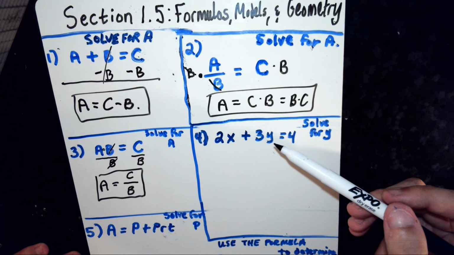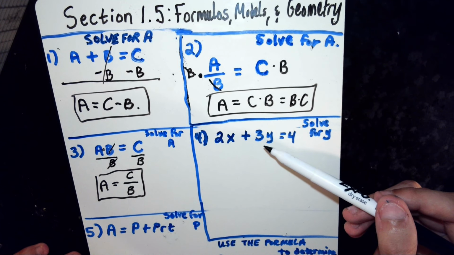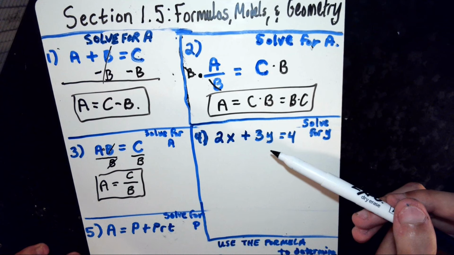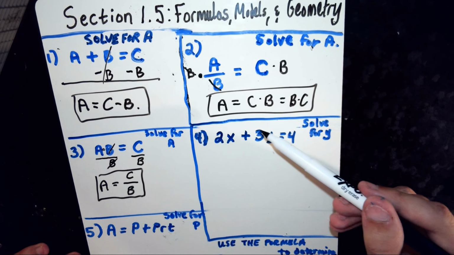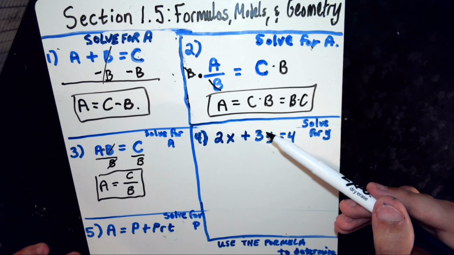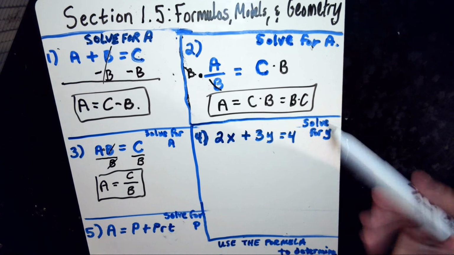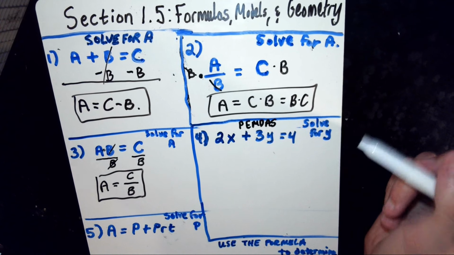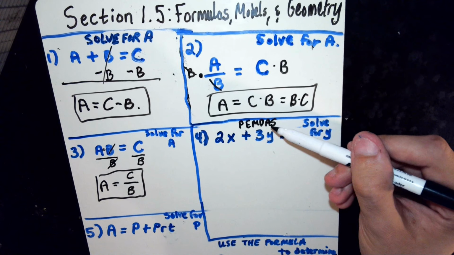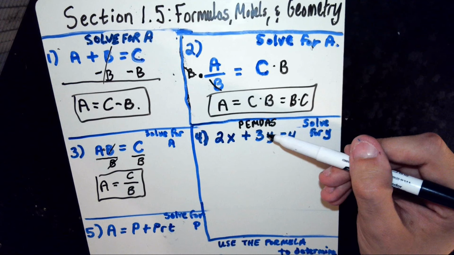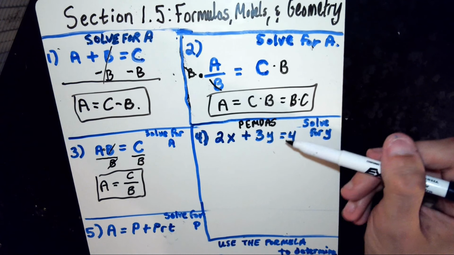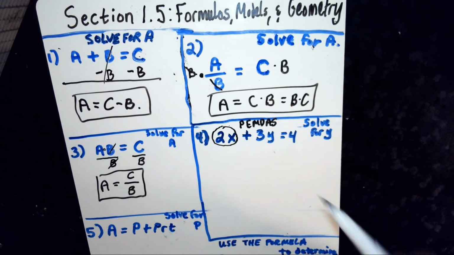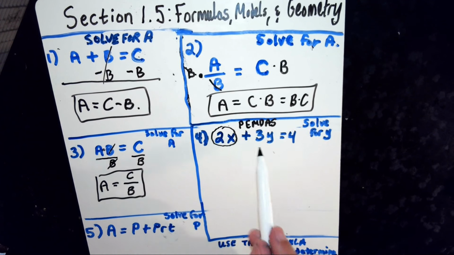The first thing we'll want to do is think of the phrase, please excuse my dear Aunt Sally, for the order of operations: parentheses, exponents, multiplication, division, addition, and subtraction. That's P-E-M-D-A-S. Well, when you're solving an equation, you kind of want to do the opposite of please excuse my dear Aunt Sally. Since we're solving for y, we want to first get this term out of the way.